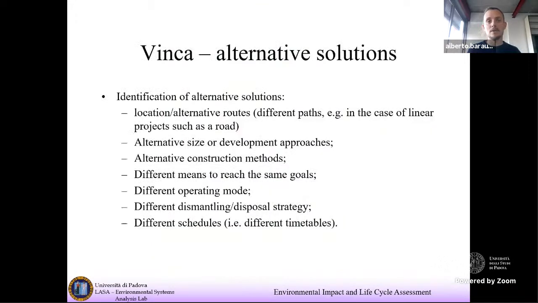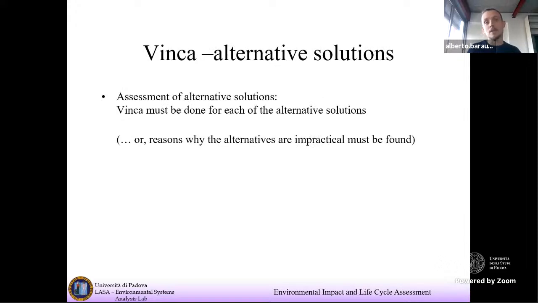And of course, I don't know, instead of a road, you construct a railway. However, you must do appropriate assessment for each one of the alternative solutions, of course, because it's a new plan or project. Or you have to list why these alternative solutions are impractical.